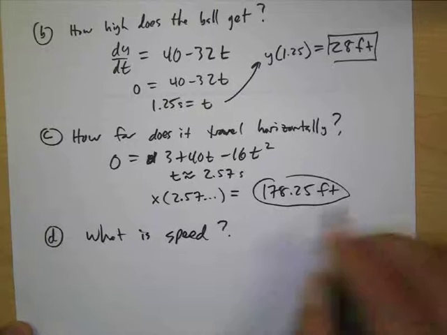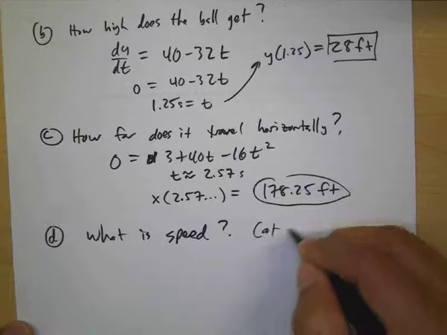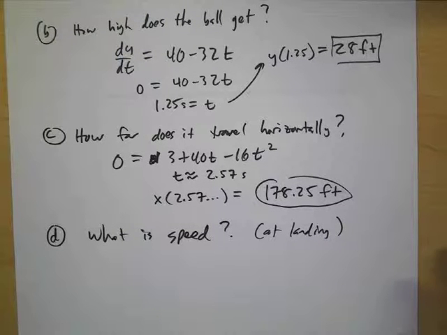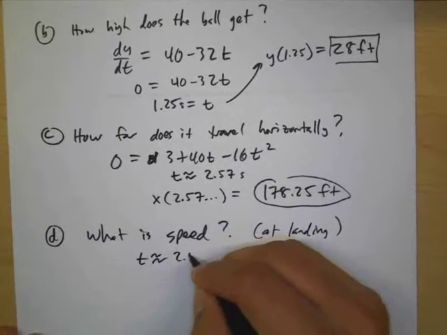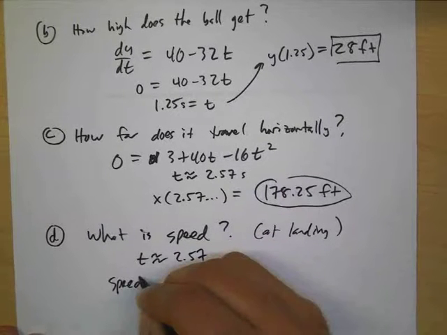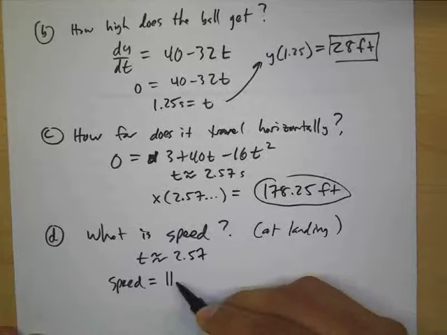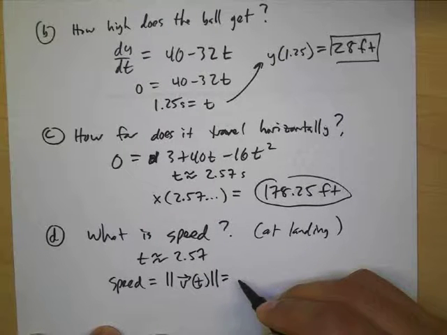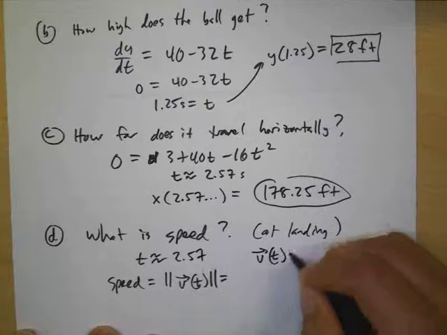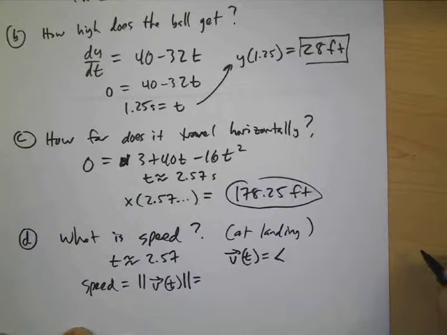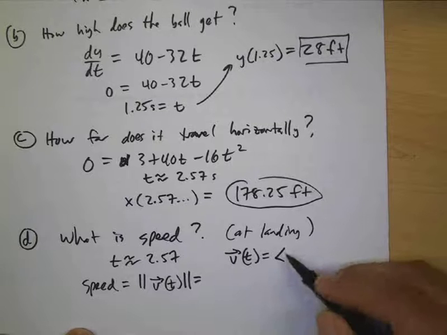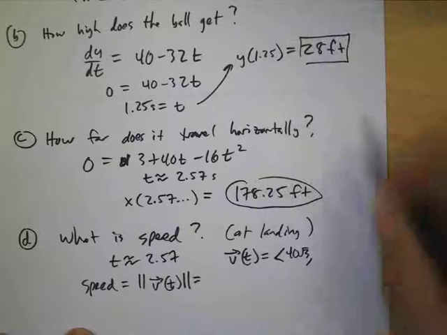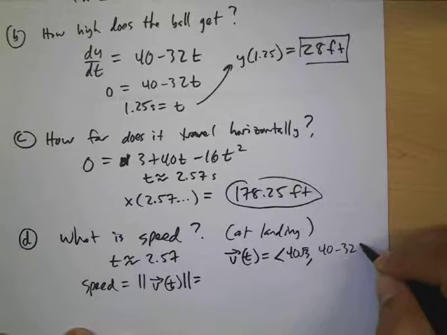What is the speed when it lands? Well, you found the time. We already know the time, t is approximately 2.57. What's speed? Magnitude of velocity, right? So our velocity equation: velocity would be 40 root 3 if we're looking at x, and velocity in the y direction would be 40 minus 32t.